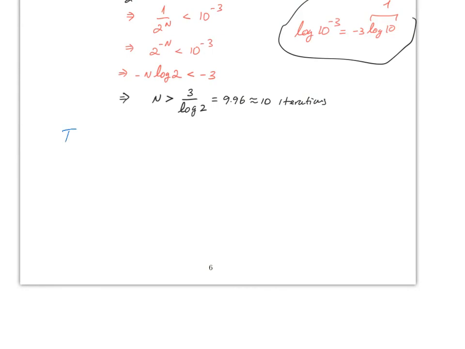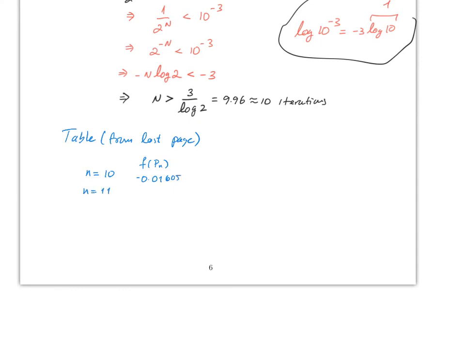Now, if you look at the table from the last page, when n was equal to 10, the error, which was f of p n, is equal to negative 0.01605.